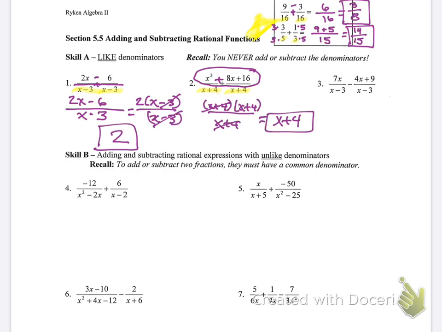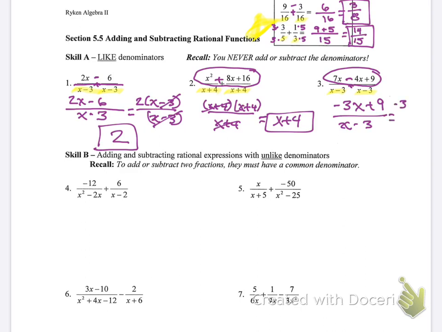Okay, so now in this next one, check the denominators first, because this is a subtraction problem, right? They are the same, so I can just focus on the numerators. Again, I'm going to move that sign up top. 7x minus 4x is 3x, plus 9 over x minus 3. Okay, the new stuff, the subtracting part, is done. Now I need to factor. Is there anything I can take out of the numerator?